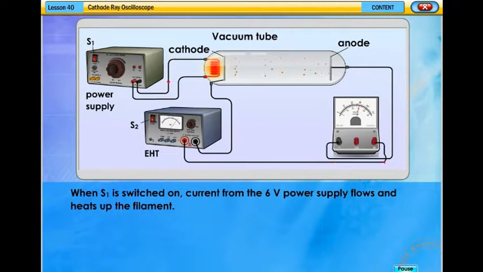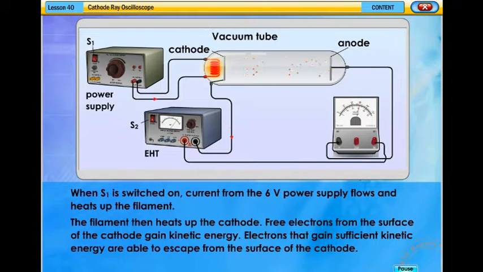When S1 is switched on, current from the 6-volt power supply flows and heats up the filament. The filament then heats up the cathode. Free electrons from the surface of the cathode gain kinetic energy. Electrons that gain sufficient kinetic energy are able to escape from the surface of the cathode.